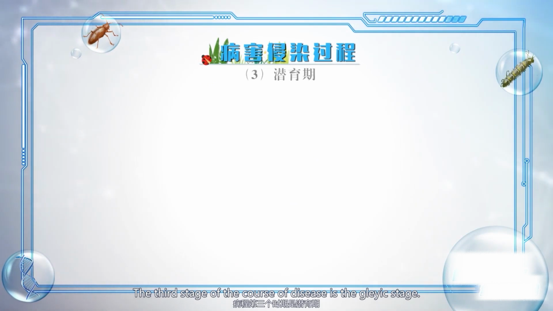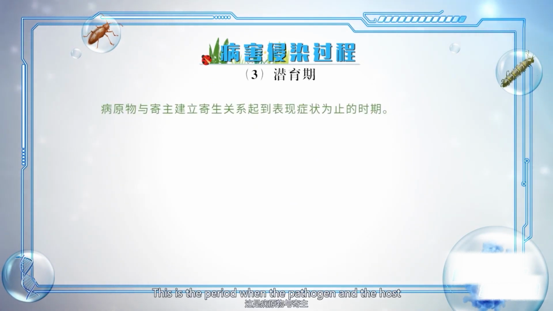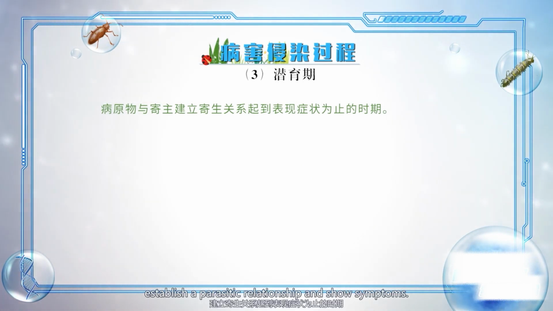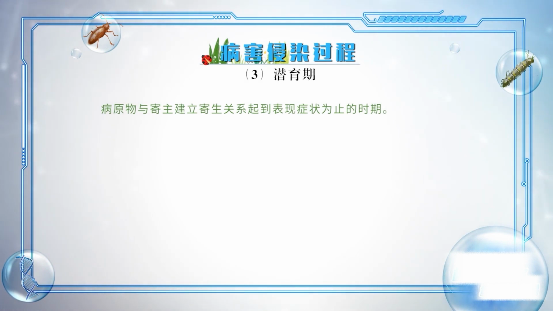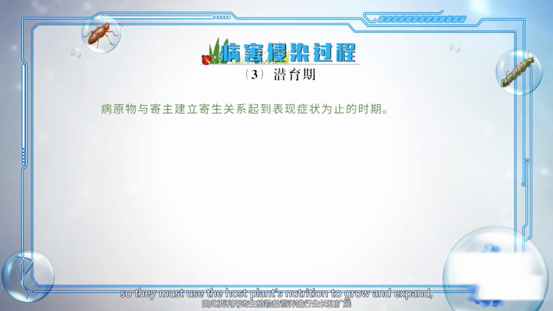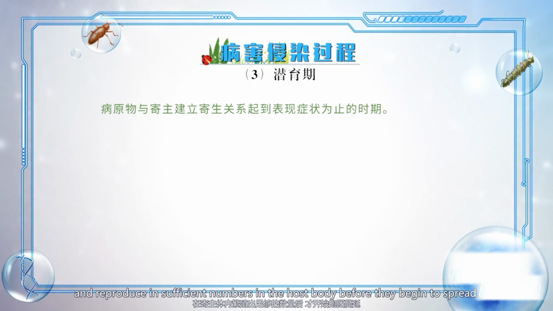The third stage of the course of disease is the glaic stage. This is the period when the pathogen and the host establish a parasitic relationship and show symptoms. After the pathogens enter the host, they are not used to fighting alone, so they must use the host plant's nutrition to grow and expand, and reproduce in sufficient numbers in the host body before they begin to spread.